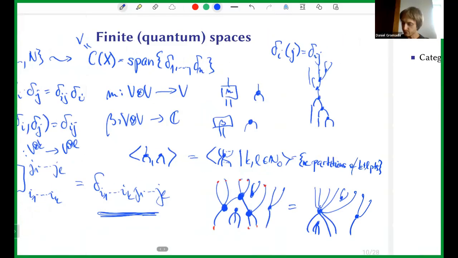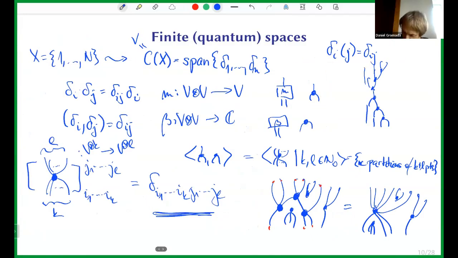Well, I didn't tell you about one relation, which is: if you compose two spiders totally, they can have an arbitrary amount of inputs and outputs, but if you do such a closed thing with no inputs and outputs, the result is the number n, the dimension of the original vector space. And that's it.